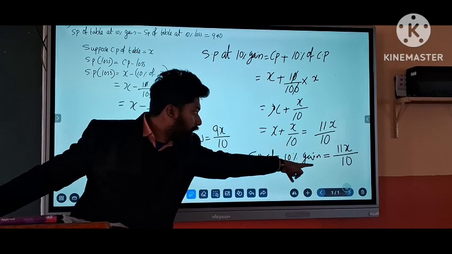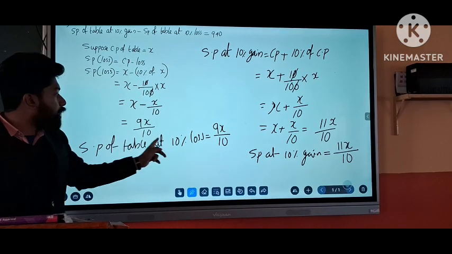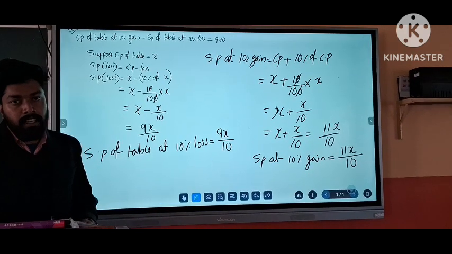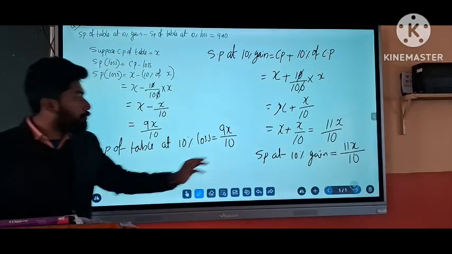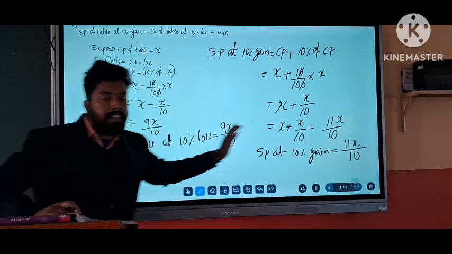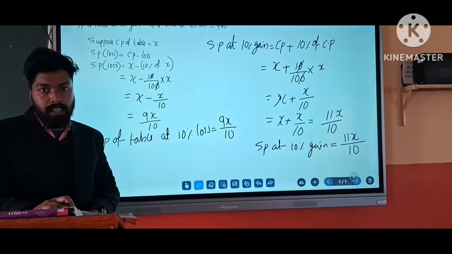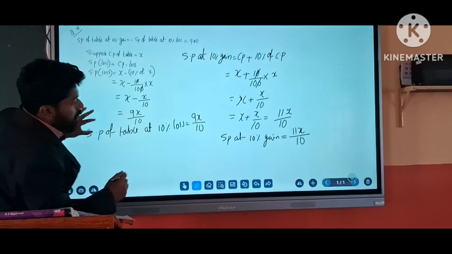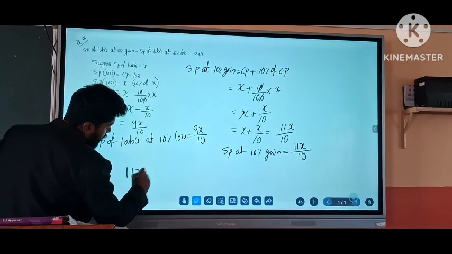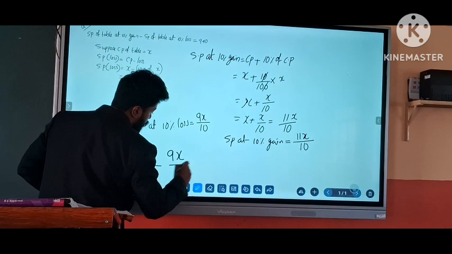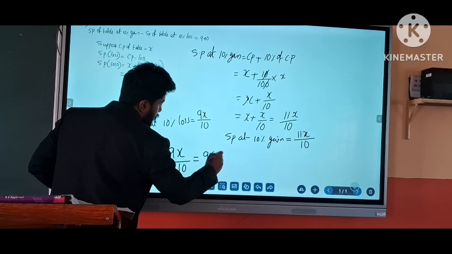Now we have the two selling prices, that is the selling price at 10% gain and the selling price of the table at 10% loss. Now what does the question tell? The difference between the selling price at 10% gain and 10% loss is equal to 940. Is it clear? That means 11X upon 10 minus 9X upon 10 equal to 940.